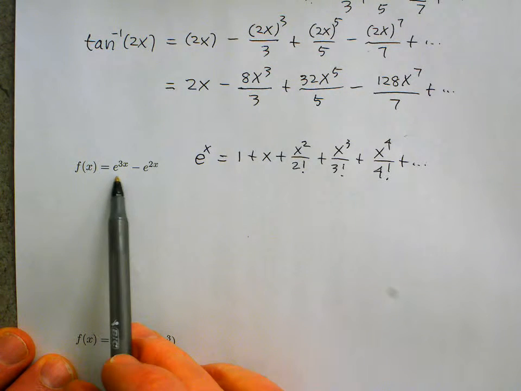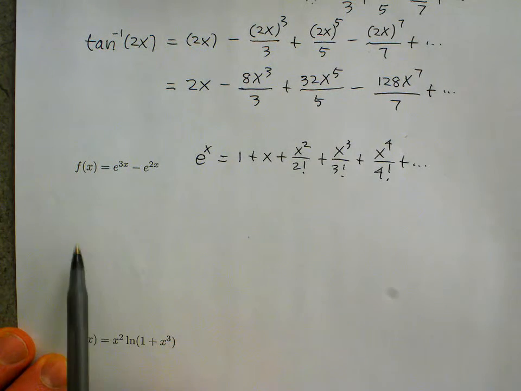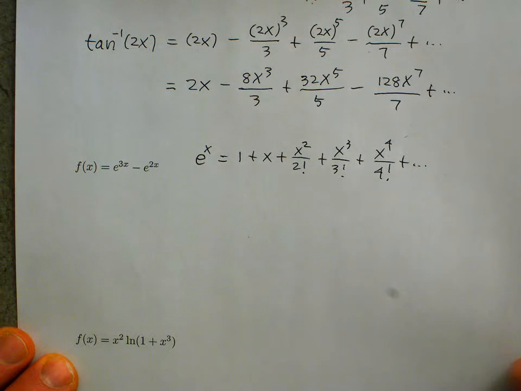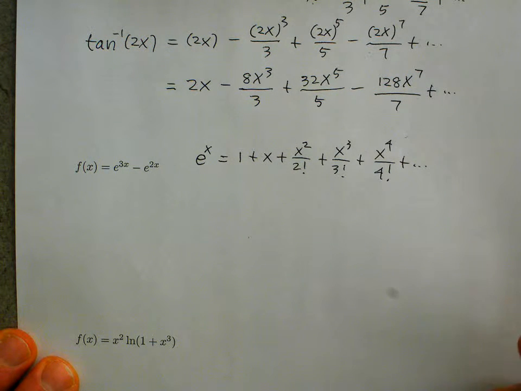So we can write what e to the 3x is and what e to the 2x is, and then just subtract one series from the other.